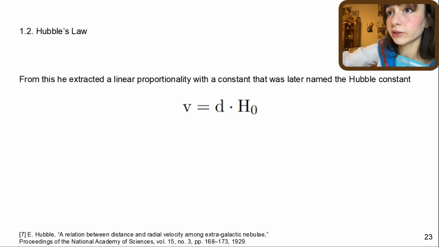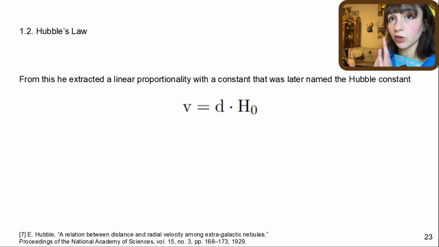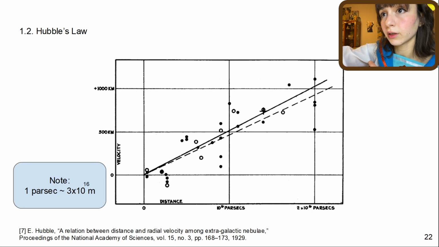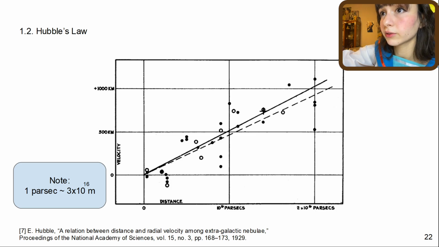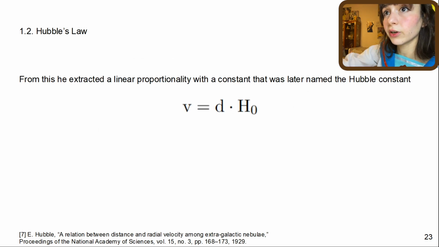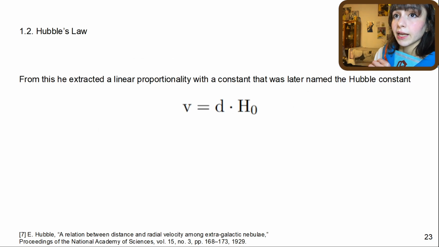And this is what brings us to the postulation of Hubble's law. So he extracted a linear proportionality, which is the line that we see right here. He just fitted a line through all of these stars, or all the data of the stars. And he extracted a linear proportionality with a proportionality constant that was later named the Hubble constant. So this H0.